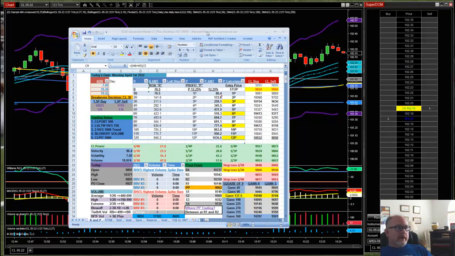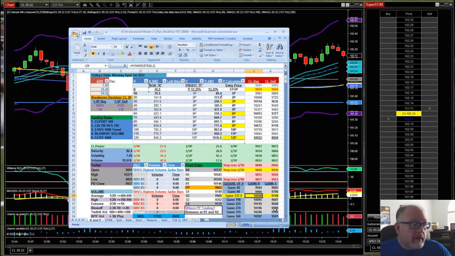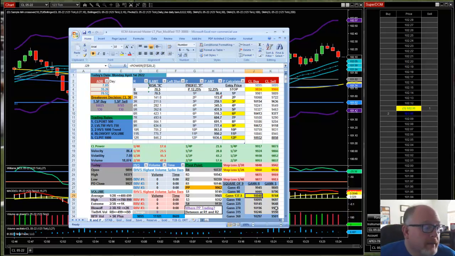Let's move this off screen. Open, high, low, close. What's that say? 100.48. We already ran all the GAN numbers today. Magic number. What's the market up today?